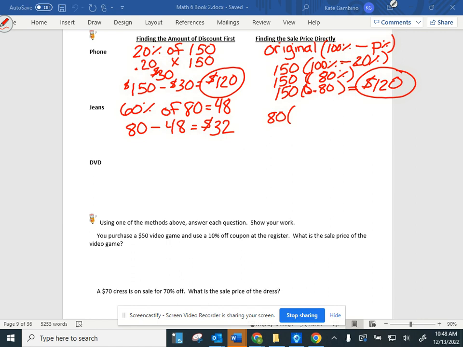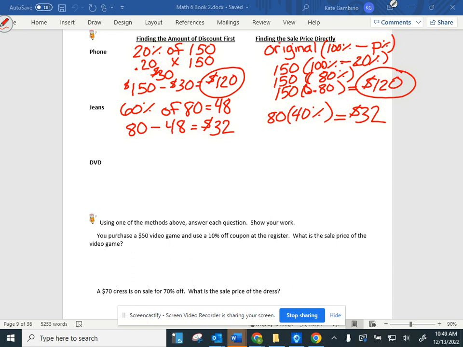Minus 60? Well, 100 minus 60 gives us what? So 80 times 40%. 80 times 0.4. What is 80 times 0.4? James. 32. So we get the same answer.